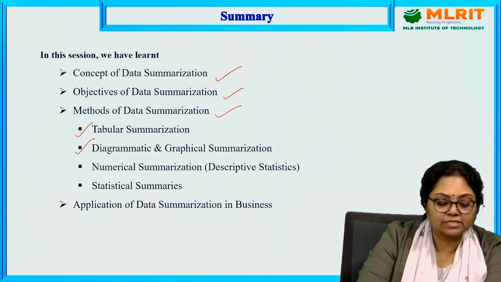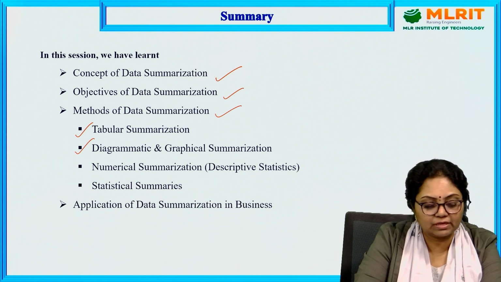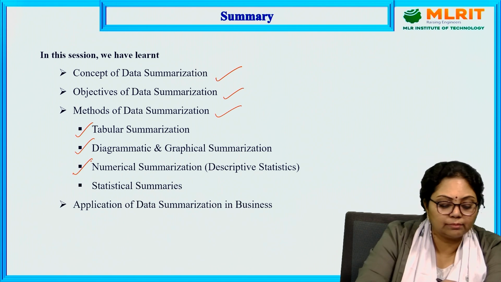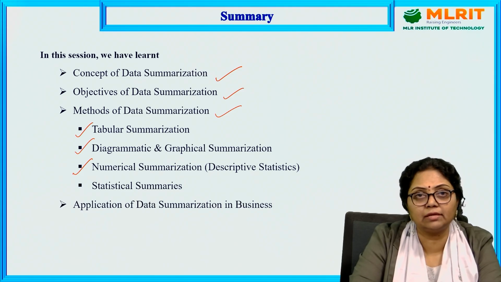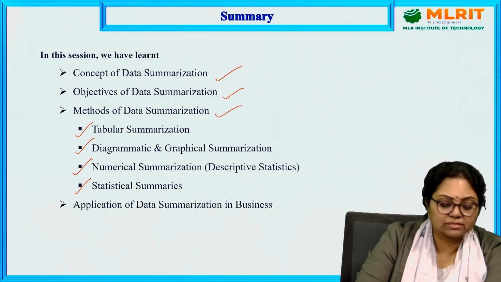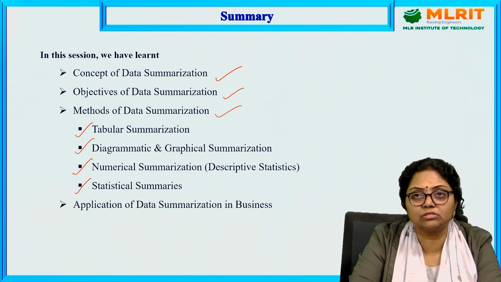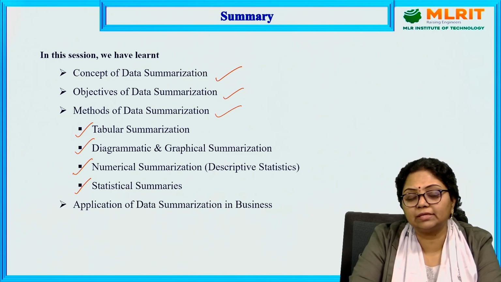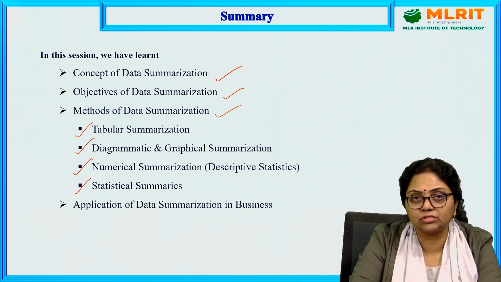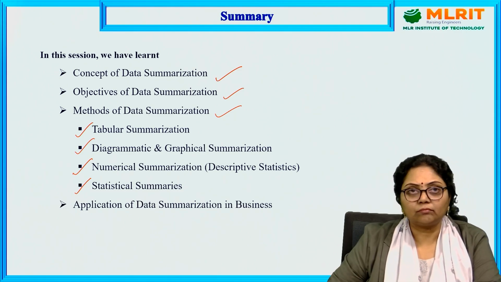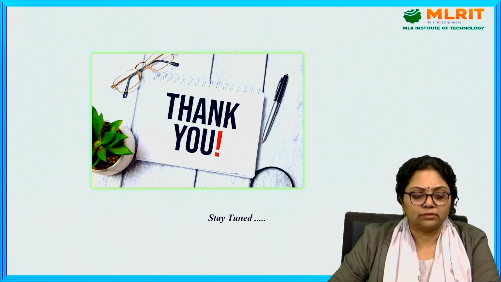The second is diagrammatic and graphical representations, where we see different kinds of graphs and charts. Then numerical summarization, in which we see mean, median, mode, that is measures of central tendency, measures of dispersion, and so on. And the last one is statistical summaries, used for business reports, etc. We have also seen the applications of data summarization in business, like in HR, marketing, finance, and operations.